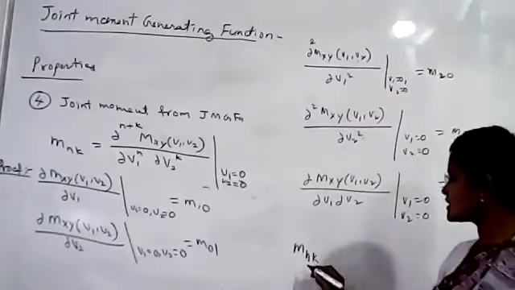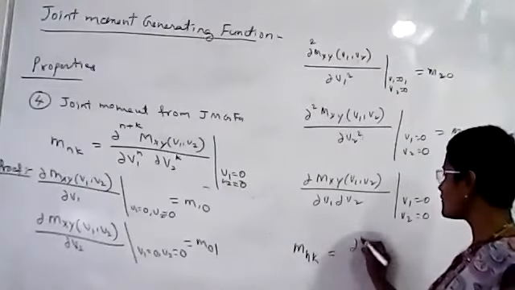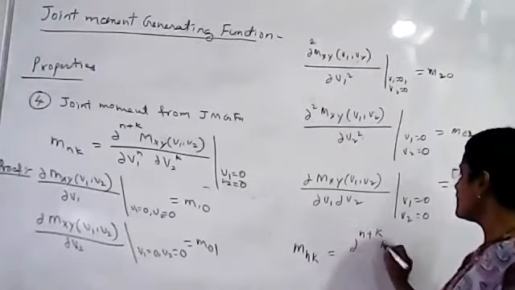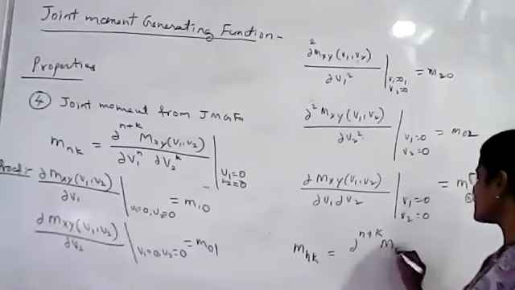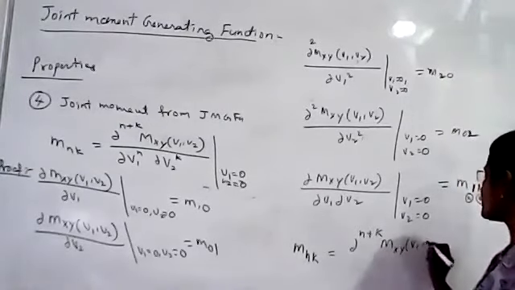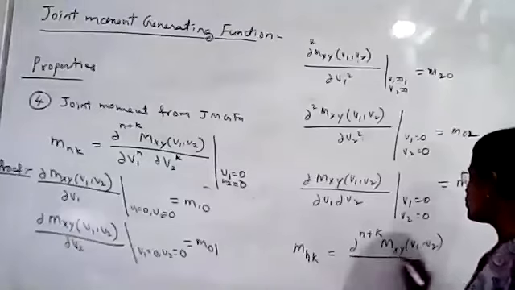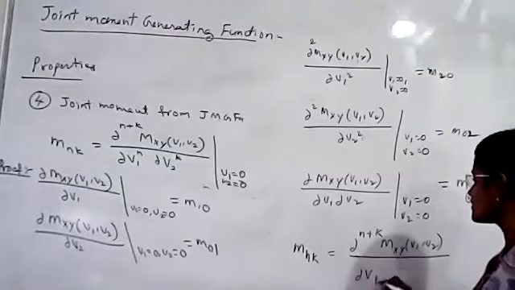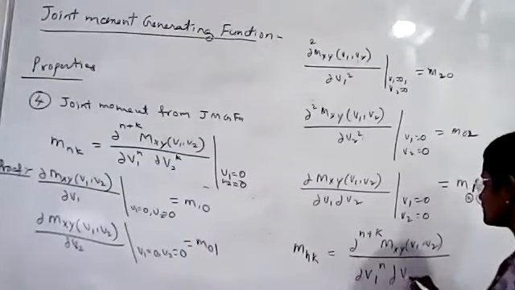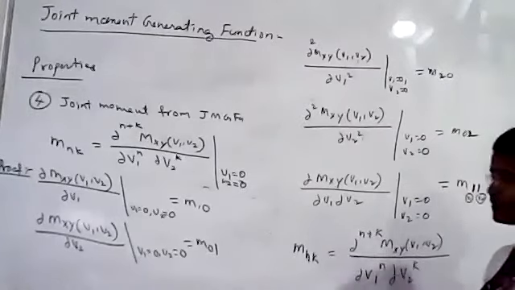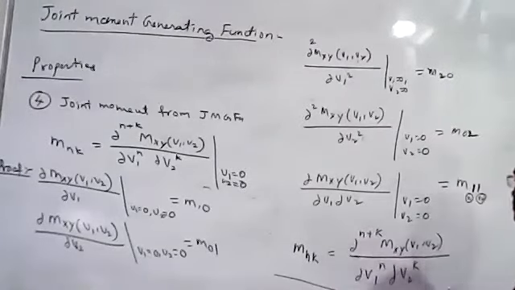So this n indicates how many times we are differentiating with respect to v1, and k indicates how many times we are differentiating with respect to v2. So finally, what will we get?